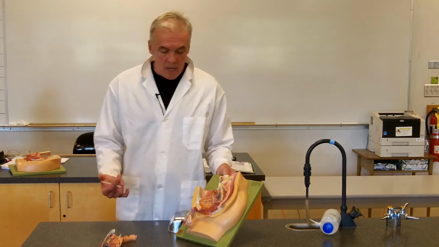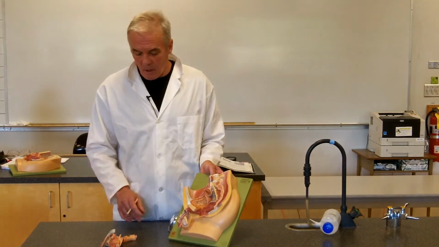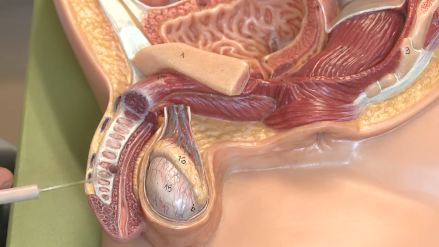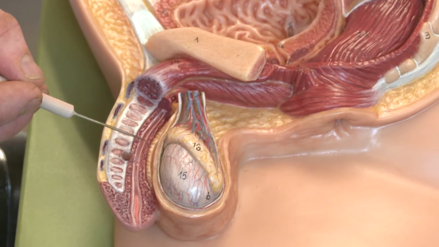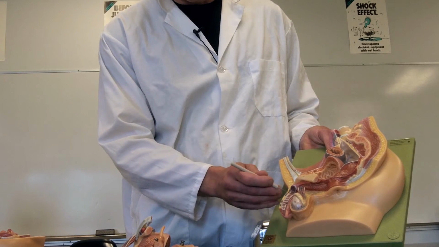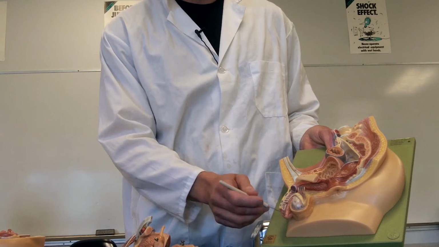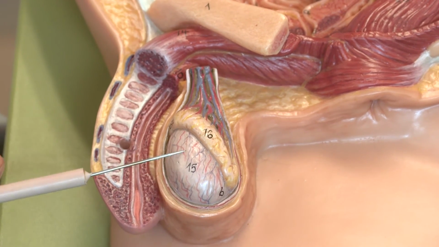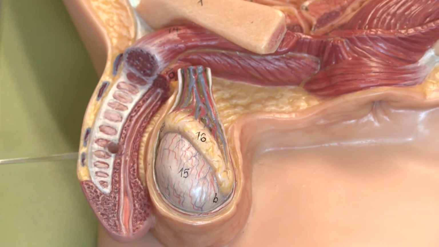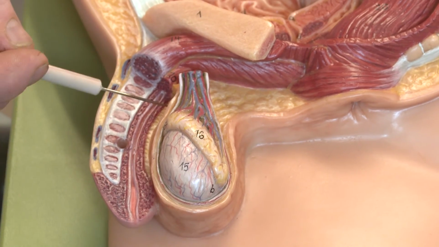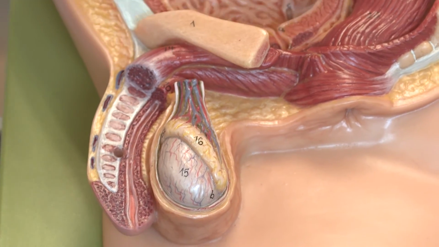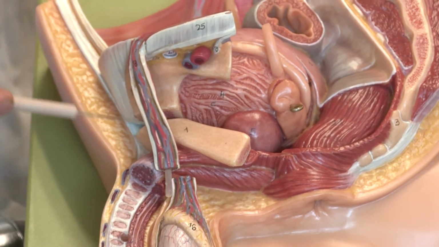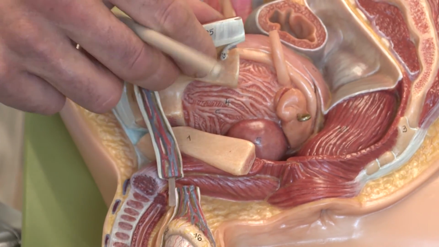So again, if we look at the parts of the male reproductive system, we can see the penis, of course. Within the penis, we have the urethra, and the urethra is where the ejaculate will expel itself from the body. We have the testes, which we see here, the epididymis, which we see here, the scrotum, which we see here. Of course, if we add this portion, we get to see the spermatic cord, which includes the vas deferens.